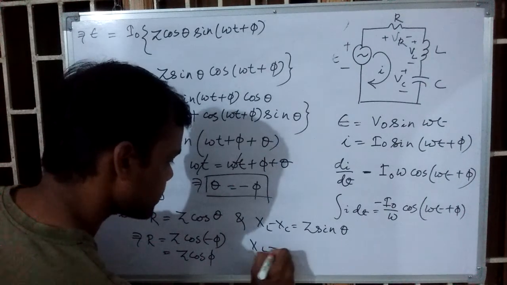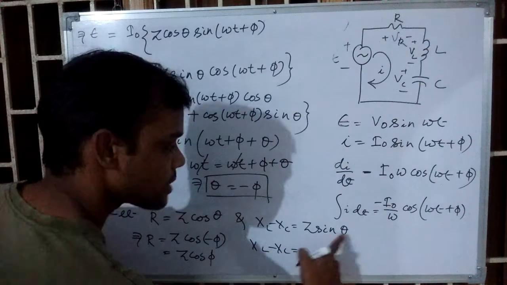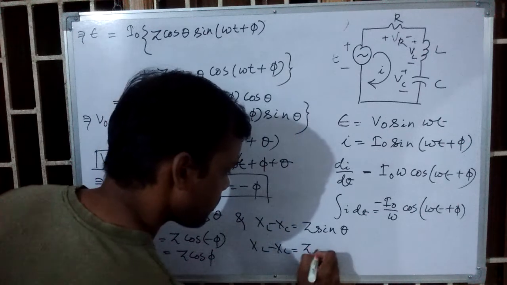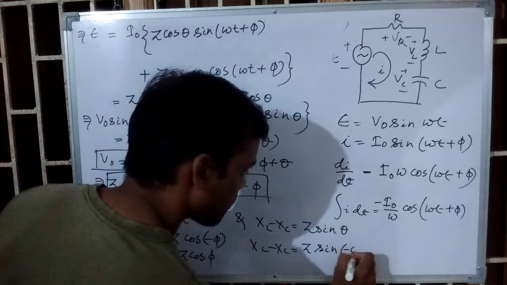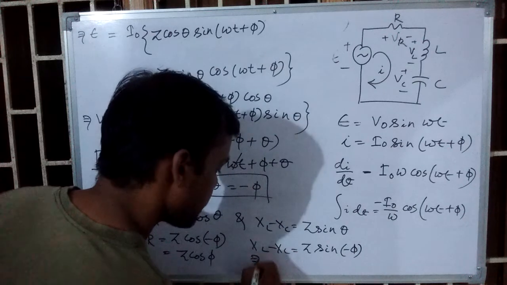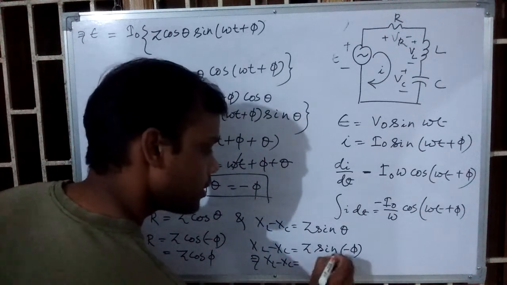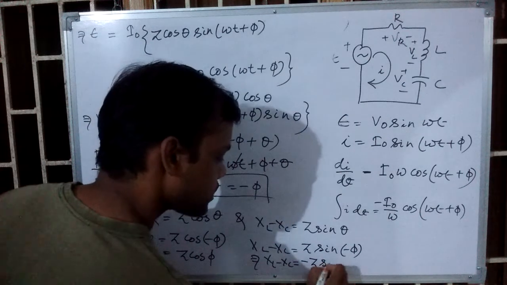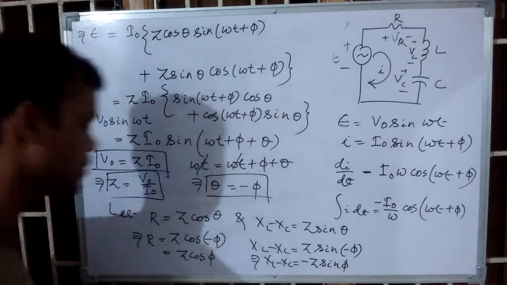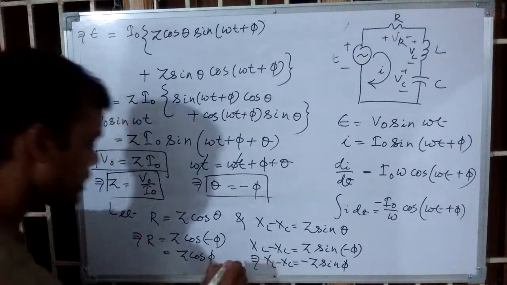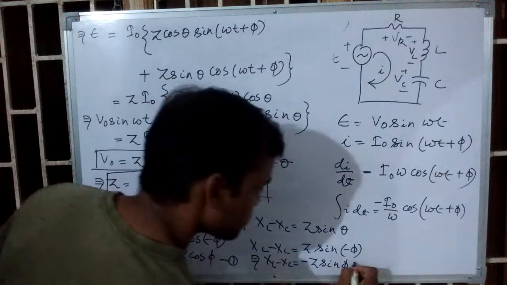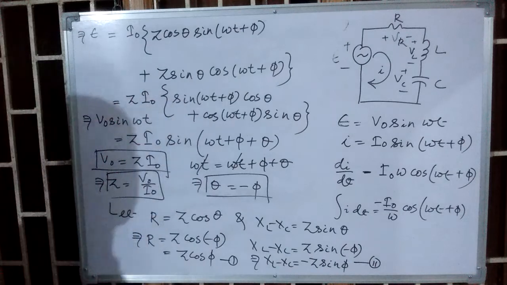This value is XL minus XC is equal to Z sine of minus phi. This implies XL minus XC will be equal to minus Z sine phi. Now let it be equation 1 and let it be equation number 2.